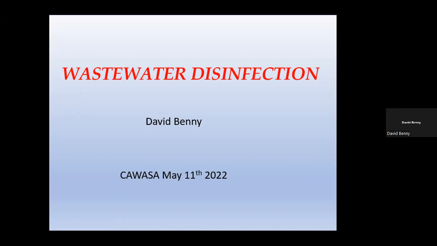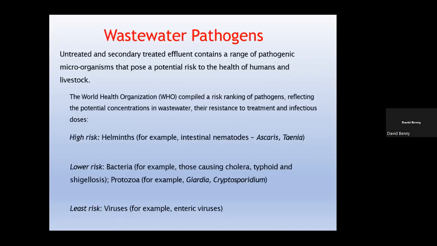So the presentation that I have this evening is on wastewater disinfection. Wastewater pathogens. So I'll just go right to the meat of it. Wastewater has several disease-causing organisms that can be detrimental to the health of humans and livestock. WHO has compiled a list of pathogens, and we classify them in 3 risk areas.